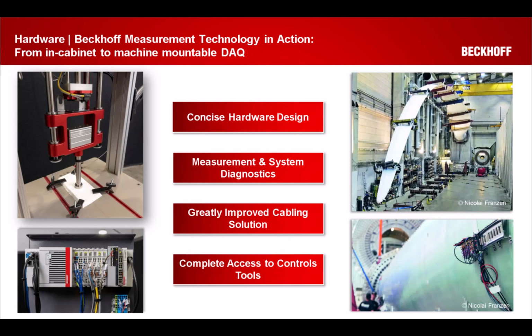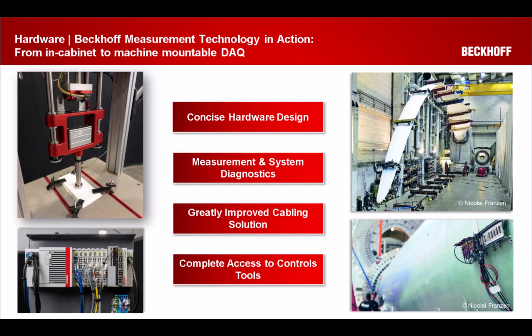And on the right, it takes a much different approach. So this application is utilizing our machine mountable EtherCAT measurement boxes at various distances on the test article. This can be particularly useful when synchronizing measurements and aiming to reduce the cabling solution.